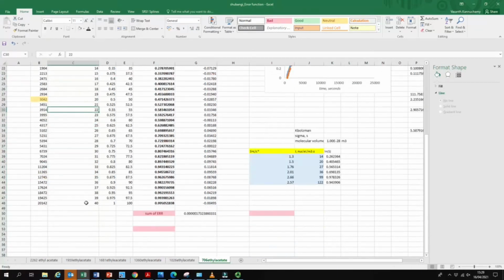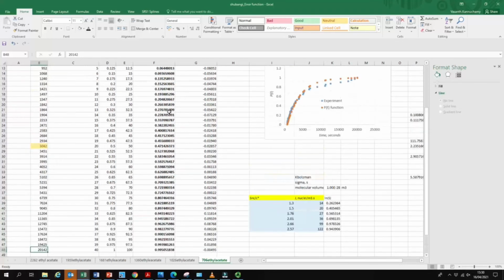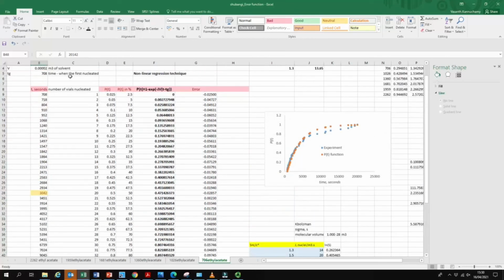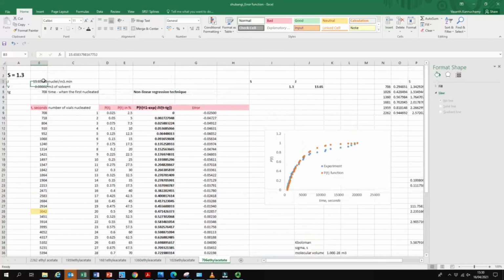So that's what we have. We started the experiments with 40 vials, and we finished the experiment when all the 40 vials got nucleated. We have to wait until you observe nucleation in all the vials. That's the experiment, and that's how you calculate your nucleation rate. I hope you all follow this one.